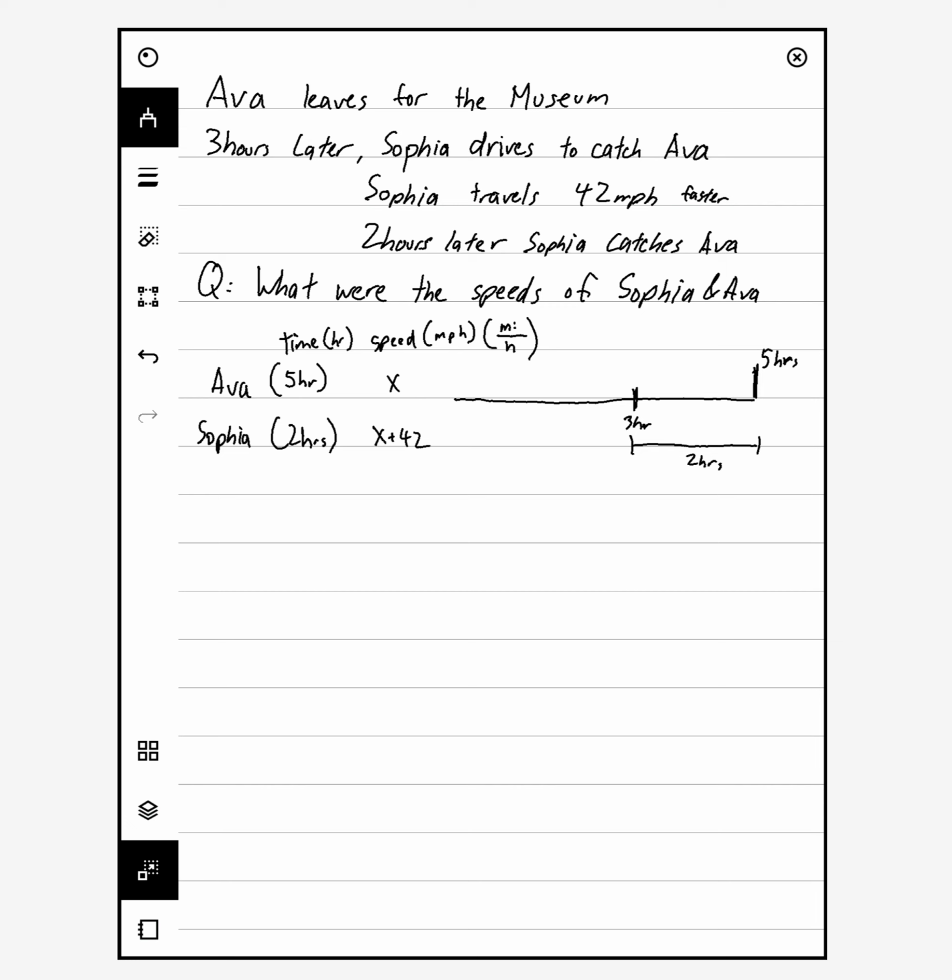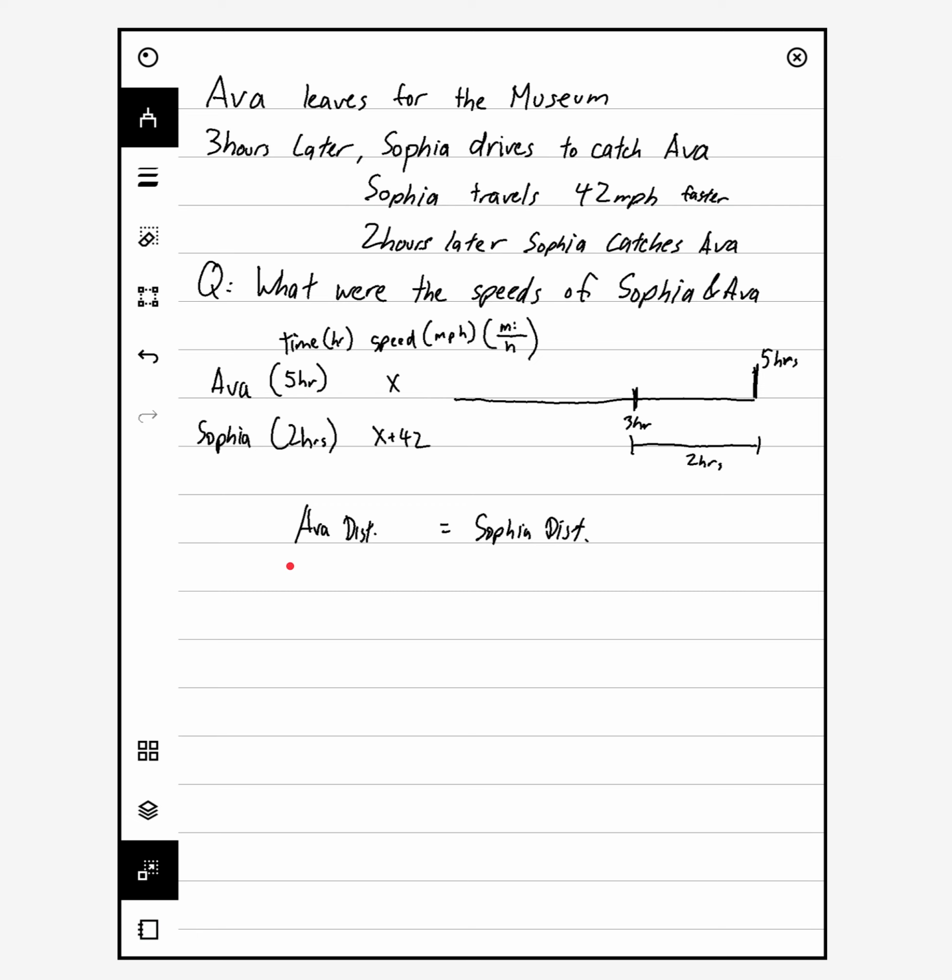So if they both go the same amount of distance, let's say this: Ava's distance is equal to Sophia's distance. Okay, and we know this. Distance is equal to speed times time. And we have speed and time in some representation for both of them, right?